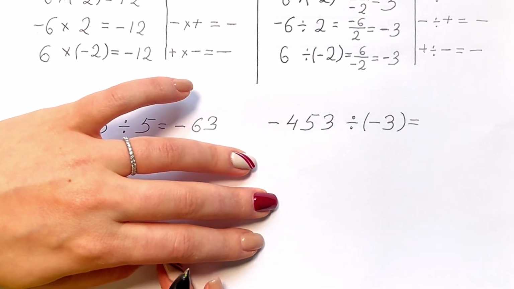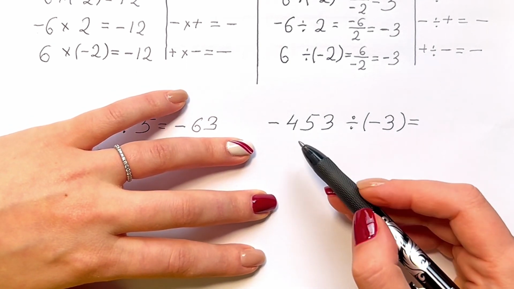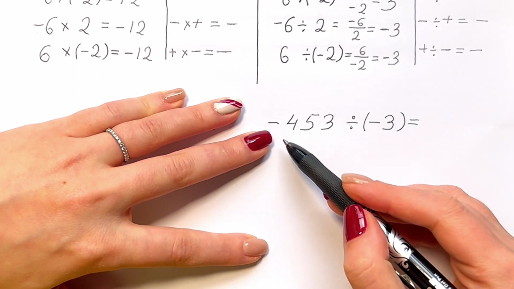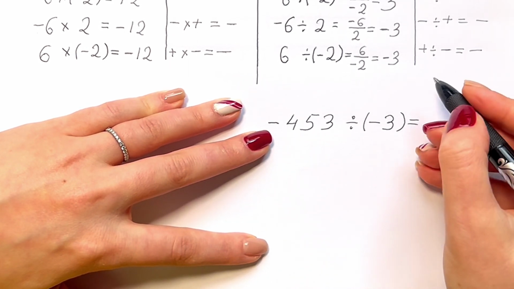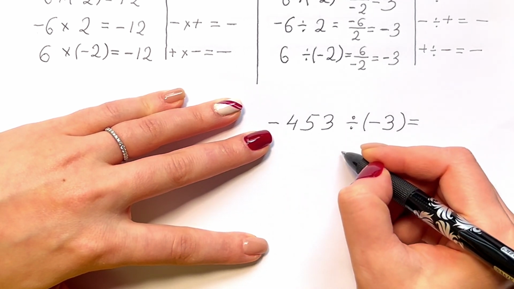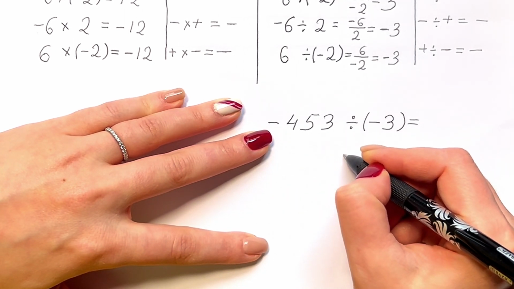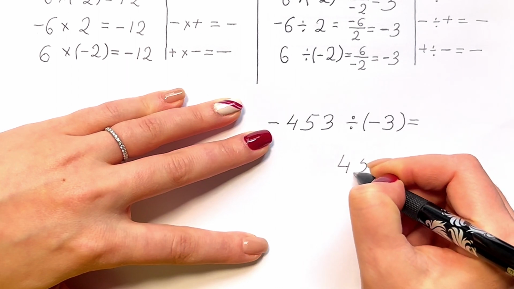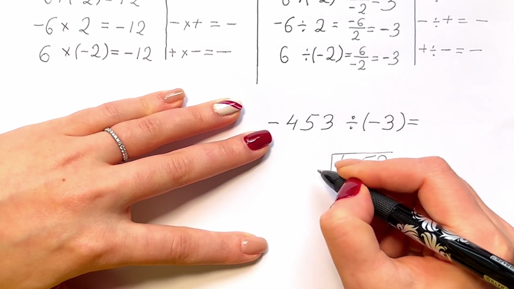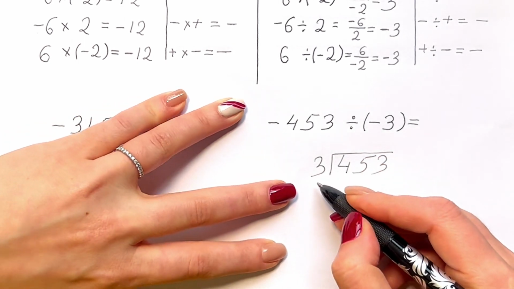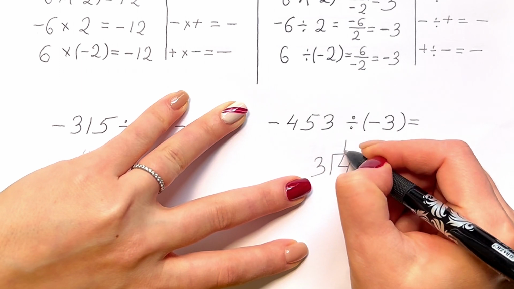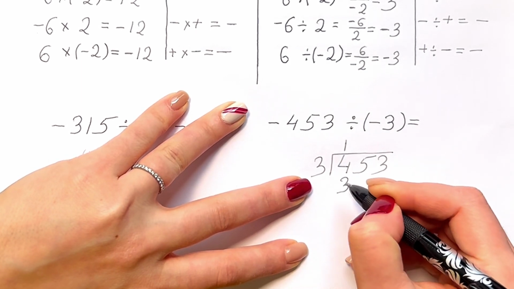Let's do another example. Okay, we have two negatives. You remember I told you if there are two negatives, we will cancel them out and the answer will be positive. So we already know the answer is positive. Let's do the division. Three goes into 4 1 time. 1 times 3 is 3.